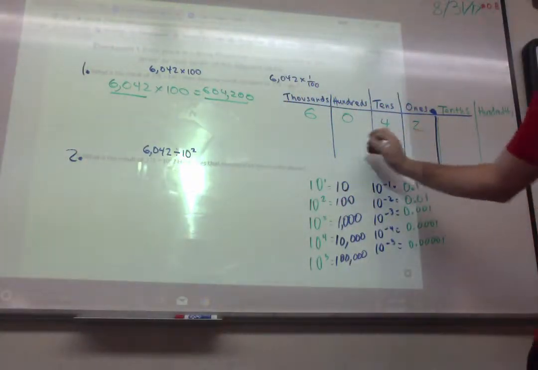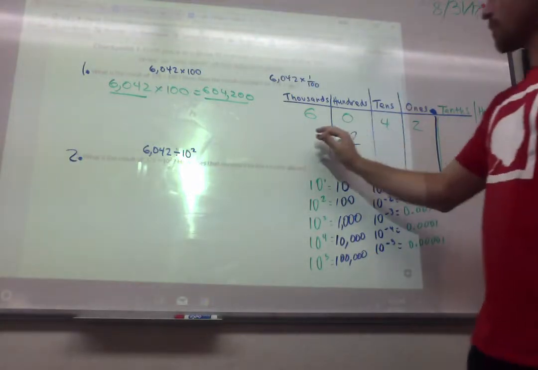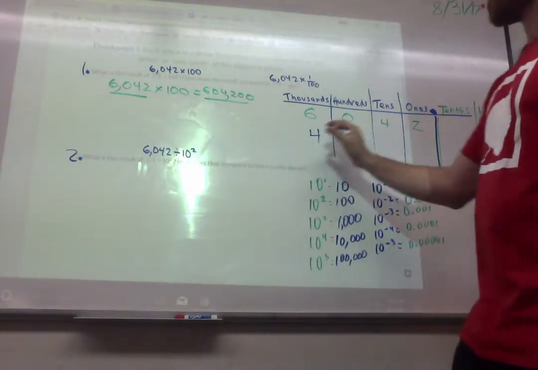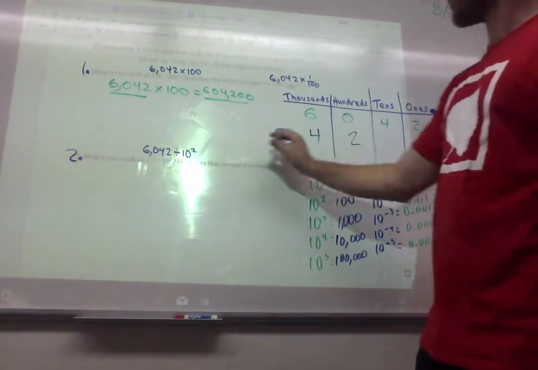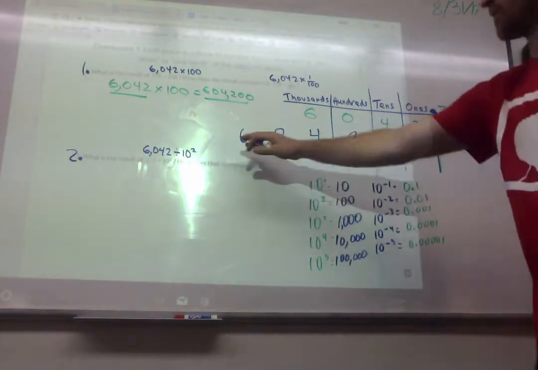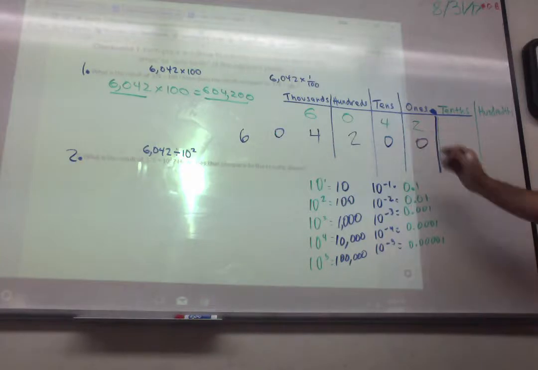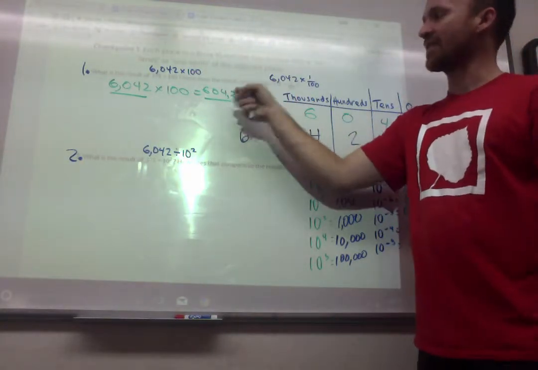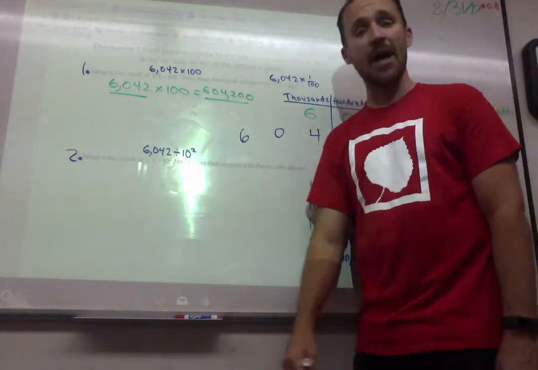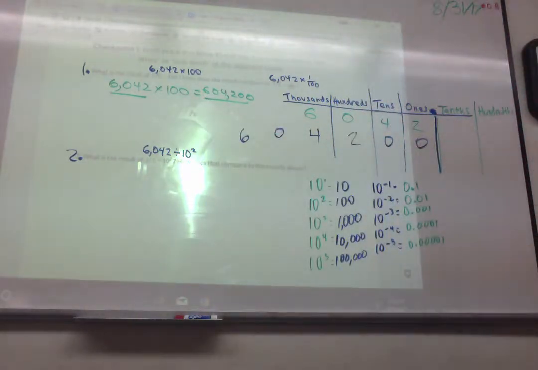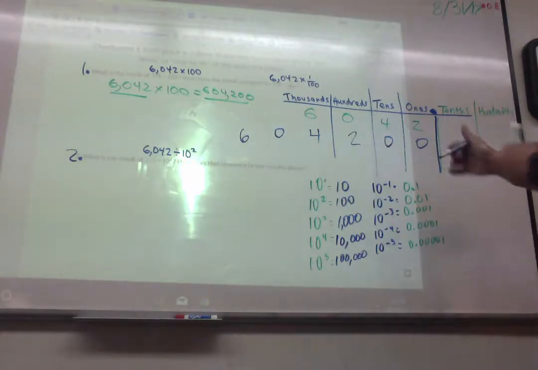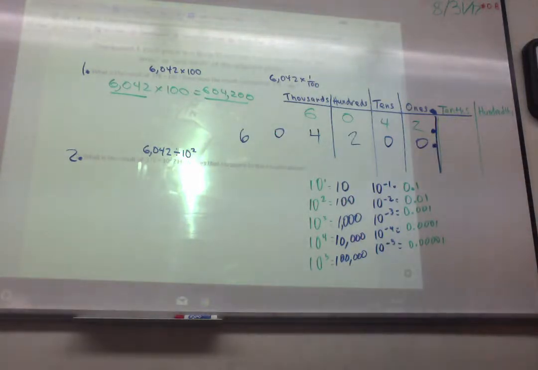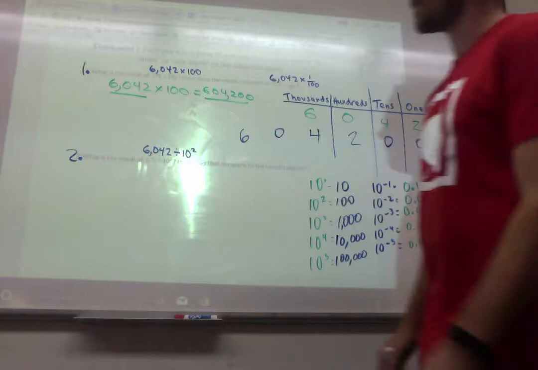The 2 becomes 200. The 4 becomes 4,000. Then 10,000s, 100,000s. There are no 10s and no 1s. I just made this number 100 times bigger. Why? I multiplied it by 100. What happened? The decimal point, which was here, is now here. It's now after 2 zeros.